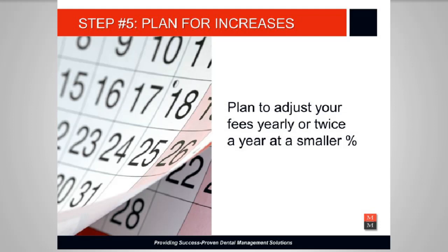But that recommendation right there is not going to hold true for every single person. I mean, it's not a black and white thing. And while 5% might not seem like a lot, even if you're only raising fees $4 to $5 per procedure, you're going to notice a significant difference in your bottom line. And in most cases, I recommend that fees be adjusted each year.